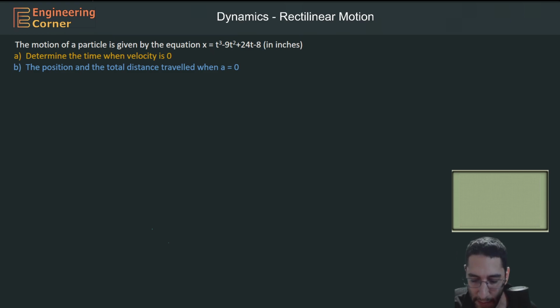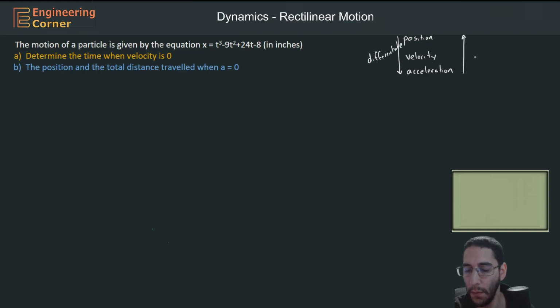Now, what we have to remember is that if we have a position, and we take the first derivative, we get the velocity. If we take the second derivative, we get acceleration. This is always the relationship that we're going to use. So if we want to go down, we're always going to differentiate, and if we want to go up, we're going to have to integrate.